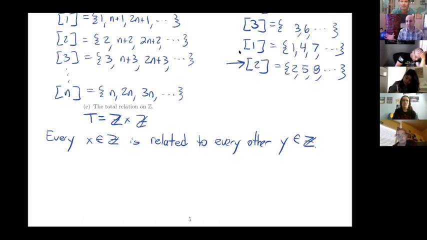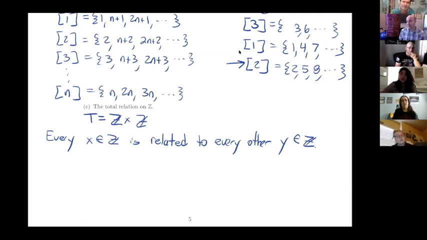And you can replace Z with whatever set you're describing the total relation on. So with a total relation, how many equivalence classes would we get? Again, you can do this on fingers.